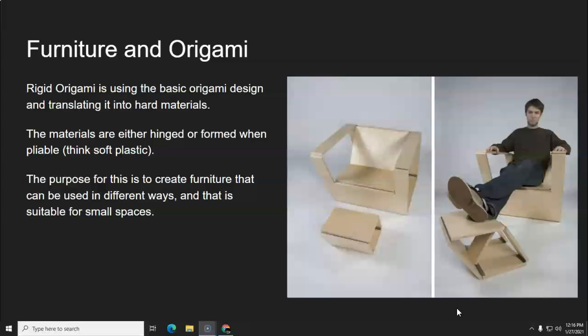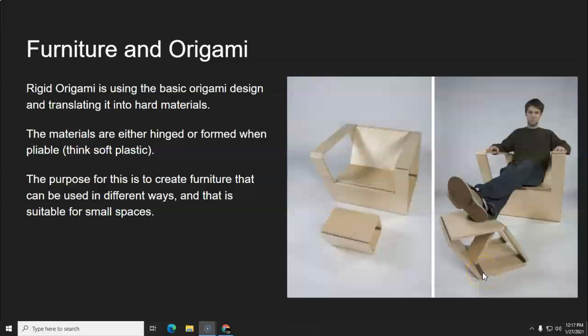Furniture and origami. It is rigid origami, and it uses your basic origami designs, and it can translate it into hard materials. Like you see on the right here is a chair, an ottoman that is made out of wood, and you can see where the hinges are. So it folds like origami, but it has mechanical hinges because it doesn't bend.